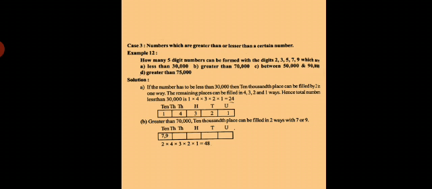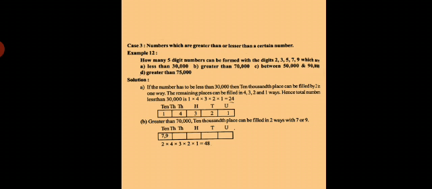Now see, if the number has to be less than 30,000, then the 10,000s place can be filled by 2 in one way. The remaining places can be filled in 4, 3, 2 and 1 ways.